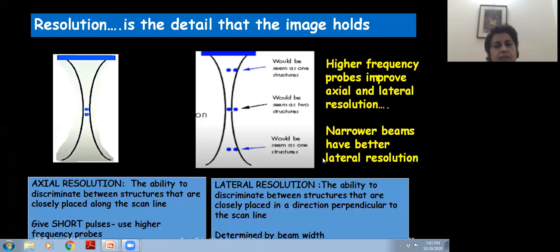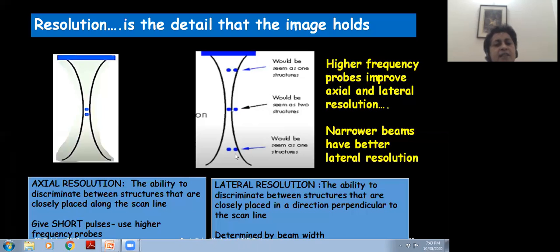Whereas lateral resolution is the ability to discriminate between structures that are closely placed in a direction perpendicular to the scan line. So if there are two structures here in the near field, I will not be able to really make them out as two separate structures unless my focal point is there. At the focal point, I will very easily be able to make out that they are two separate structures.